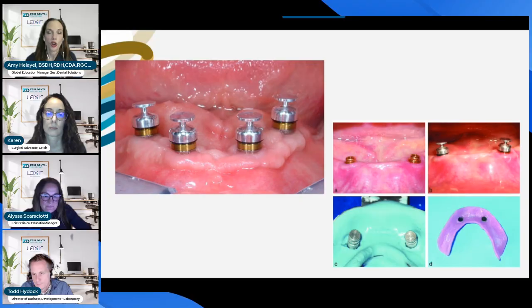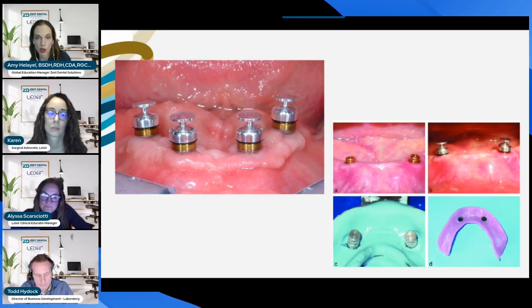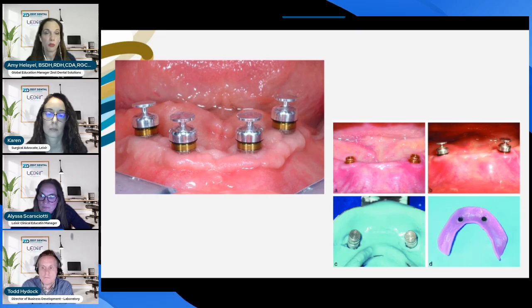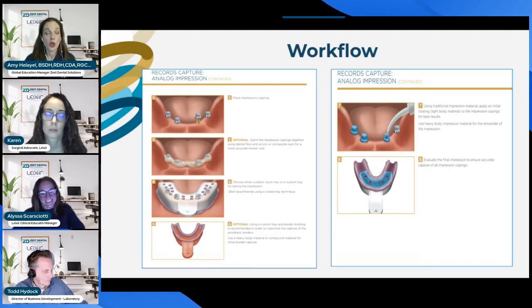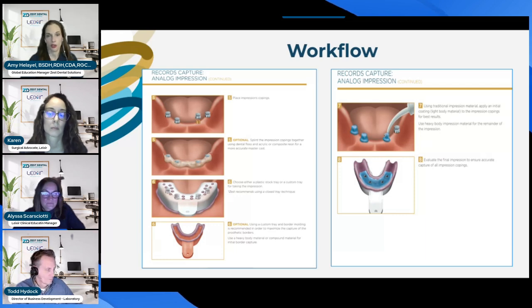So if you are going through an analog process or workflow for locator overdenture, we do have impression copings that snap onto the locator abutments, and then you'll move through with an impression. As you see here really quickly, I know I'm going on. I want to make sure we have enough time for some question and answers, but you'll place your impression copings on, take a regular PVS impression, send it to the lab, and they will provide the analogs and fabricate your overdenture that way.